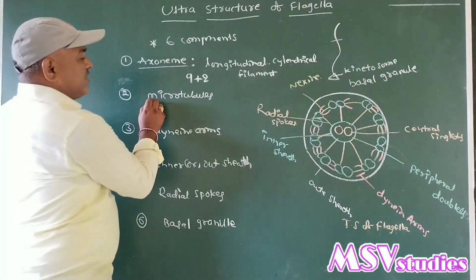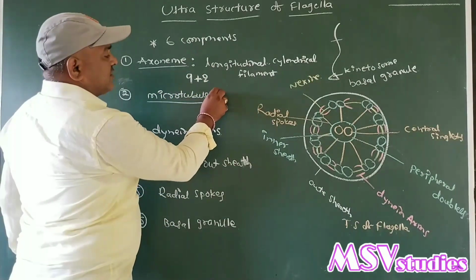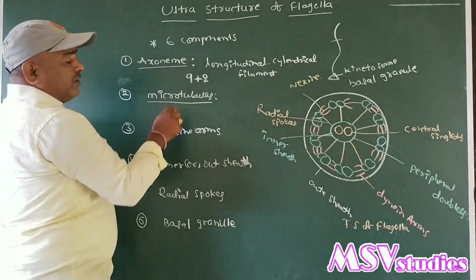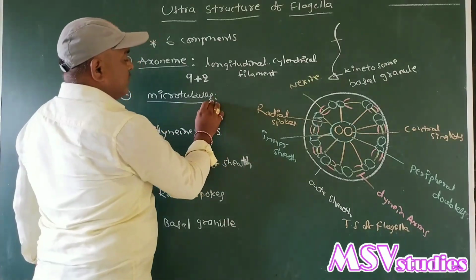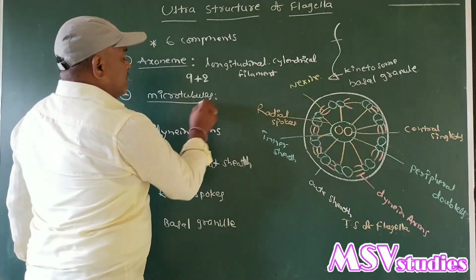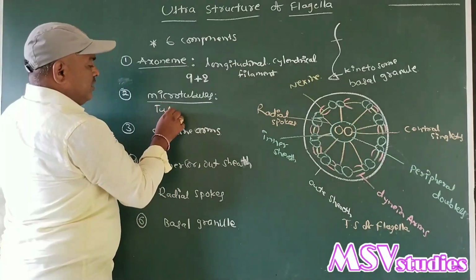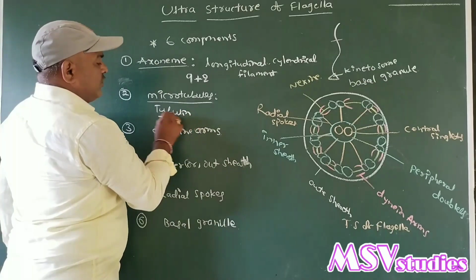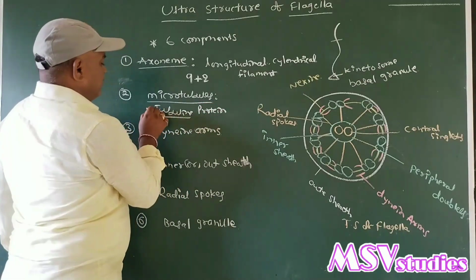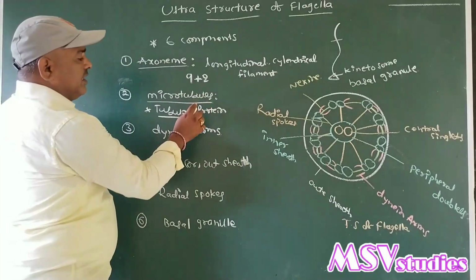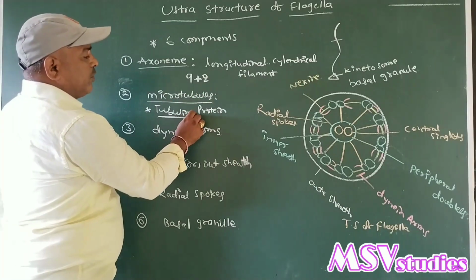Next one, microtubules. The microtubules are made up of tubulin protein. Important point: microtubules are made up of tubulin protein.